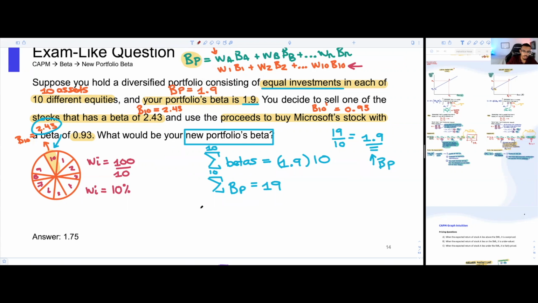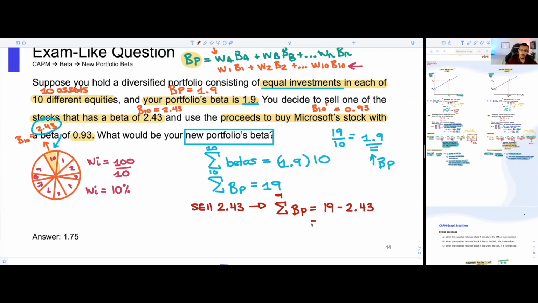So we can put this in red. We're going to sell the stock with a beta of 2.43, such that now we're going to have 9 assets in our portfolio, and the total sum of our betas would be equal to 19 minus 2.43.